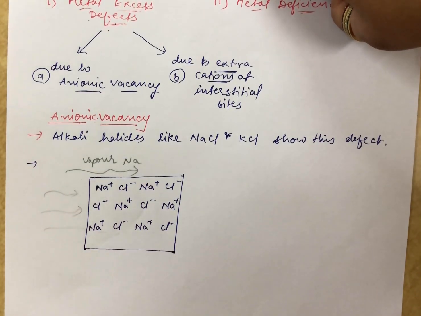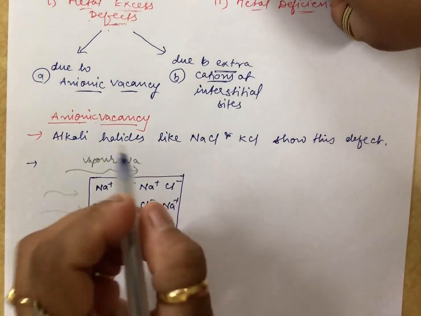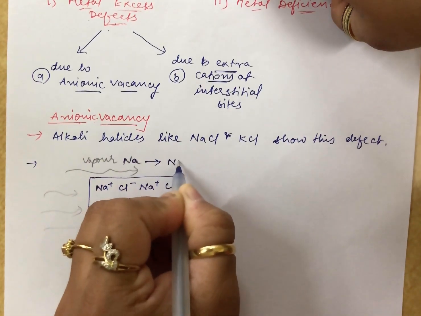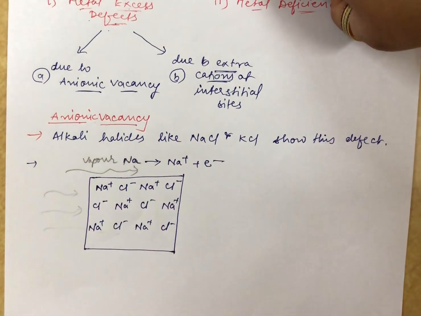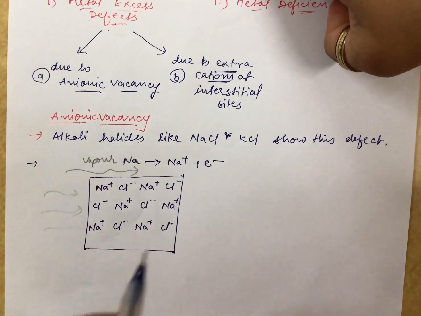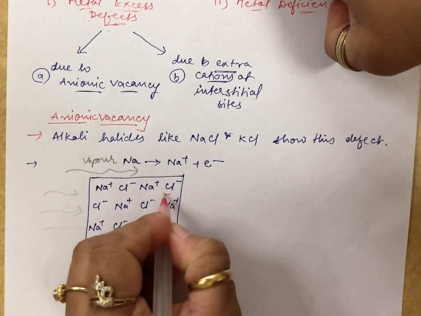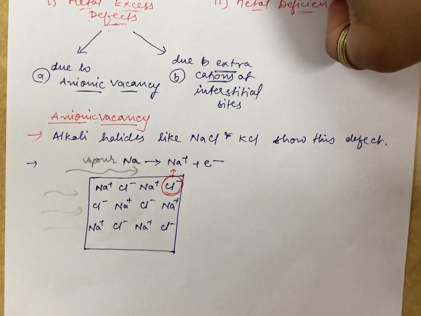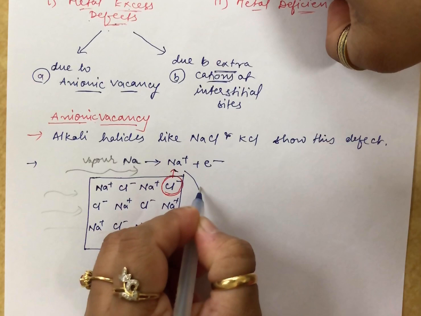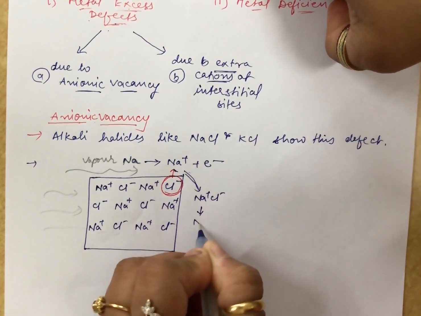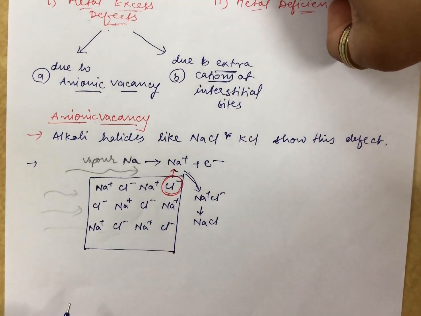When this is passing through the crystal, it is observed that this Na gets converted to Na+ plus an electron. As the vapors are passing, this Cl- gets attracted by this Na+ and they combine. Both of these, Na+ and Cl-, combine, leading to formation of NaCl.